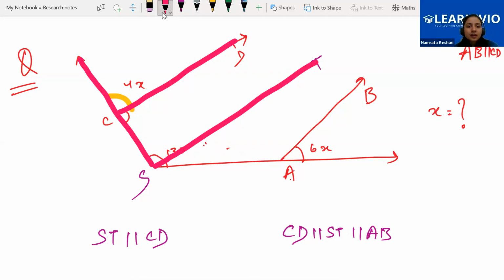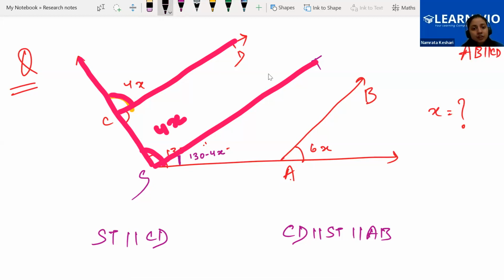And if this much is 4x, can we say this much will also be 4x? Yes, ma'am. And if total was 130, then the remaining angle from here will be 130 minus 4x, can we say? Yes, ma'am. Now everyone getting it? Ayan, Farhan, Sara, Irshad? Yes, ma'am.